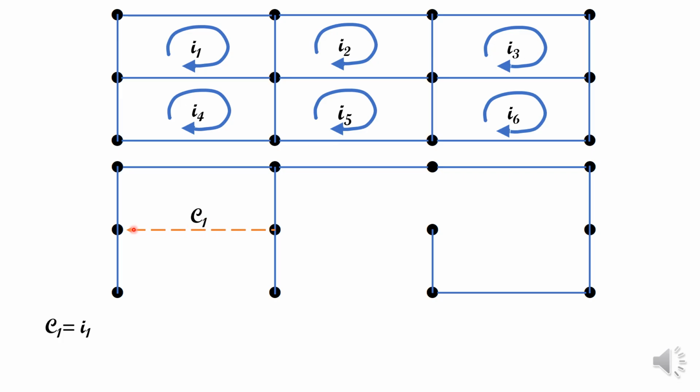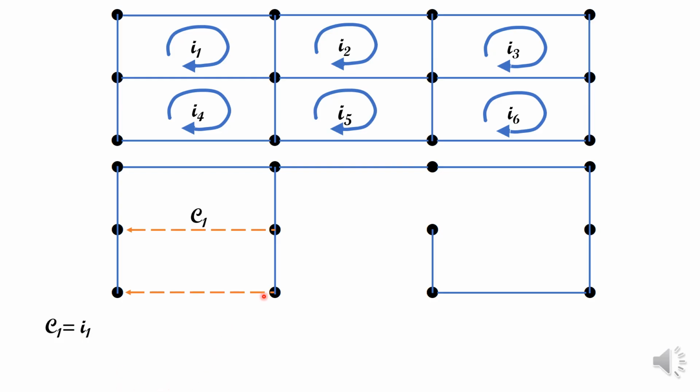Using the direction of the arrow indicating the orientation, you can see that this cycle formed from the spanning tree is the same as the loop current I1. So I'm writing here C1 equal to I1.